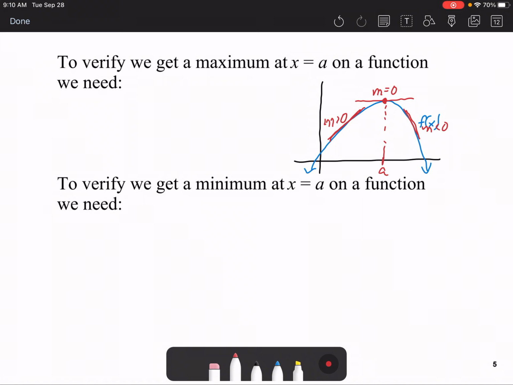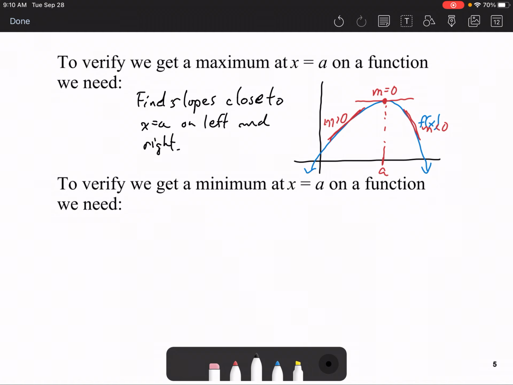Or what you could do is find slopes close to x equal a on the left and right. Verify their signs and also verify that they're close to 0. So you can actually do this twice instead. And likewise for a minimum, let me draw a function with a minimum.